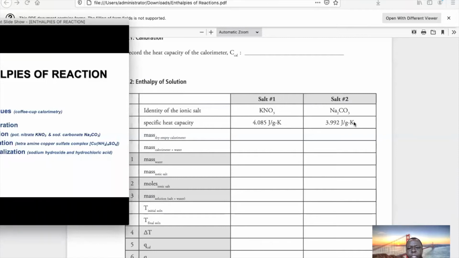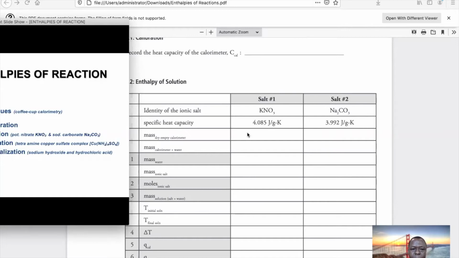If the temperature is changing from 14 degrees Celsius to 15 degrees Celsius, that is a 1 degree Celsius change. If it is changing from 274 to 275, it's still the same. So don't get the units confused. Just work with joules per gram times degrees Celsius, and you will be fine for both salt 1 and salt 2.